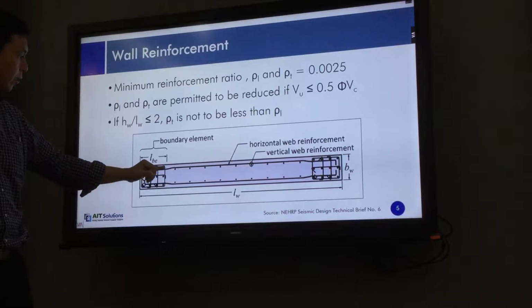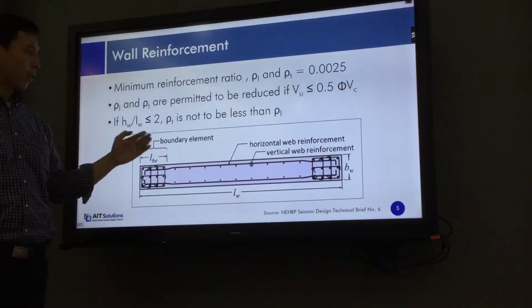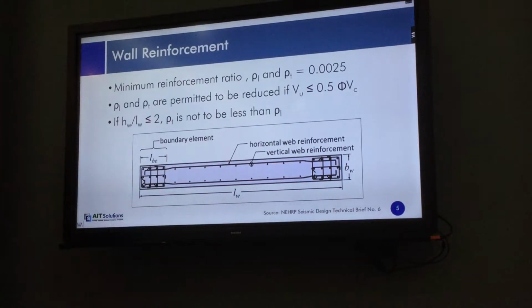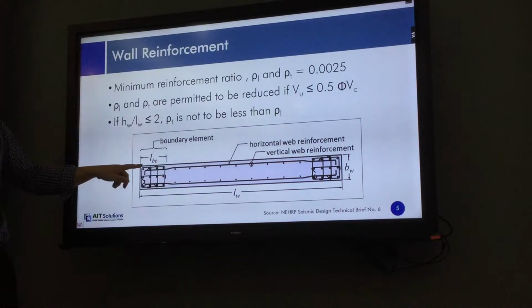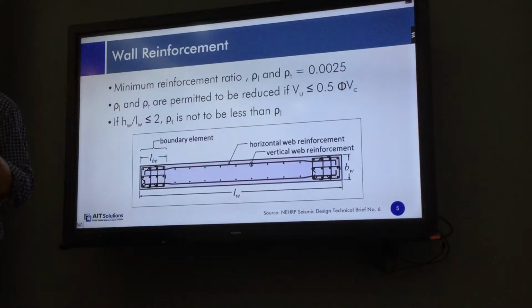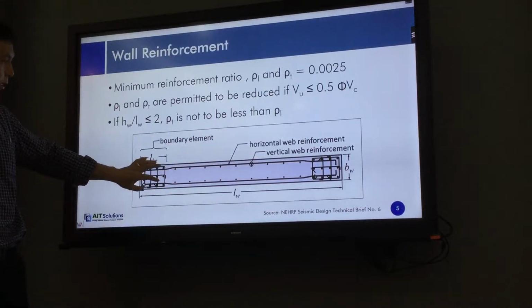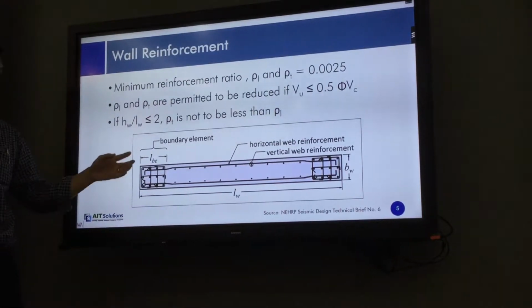The vertical reinforcement in the shear wall is designed for axial and bending moment coming from the lateral loads and vertical loads. And this horizontal reinforcement is designed for the in-plane shear coming to the wall, and these confinements are provided to improve the ductility of the shear wall, because under lateral load the shear wall will have in-plane bending moment, and at the corners you will see the large axial stresses, compression and tension.